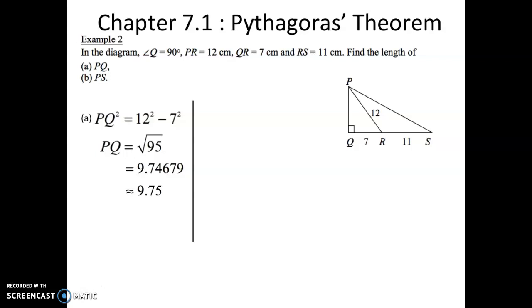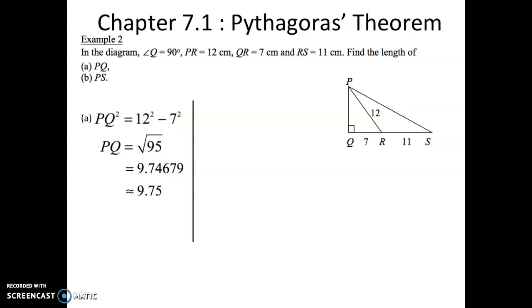Alright, next we want to find PS. Once again, I need to spot which right-angled triangle I'm going to use. So in this case, I'll be looking at triangle PQS. Do take note, you cannot use PRS to solve this because PRS is not a right-angled triangle.